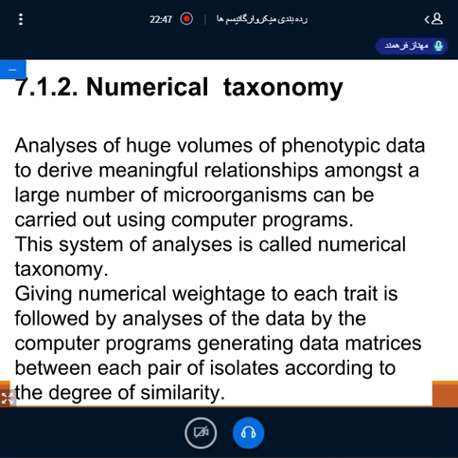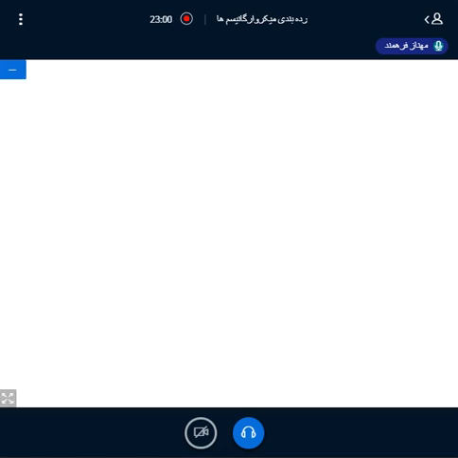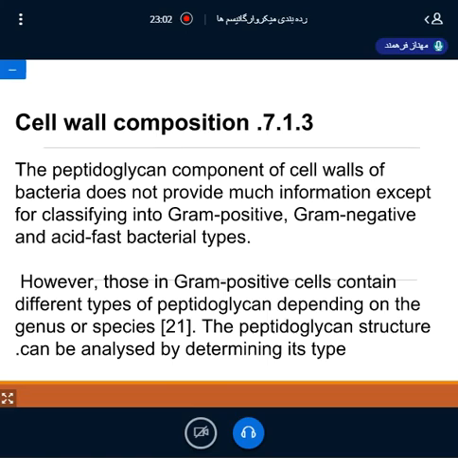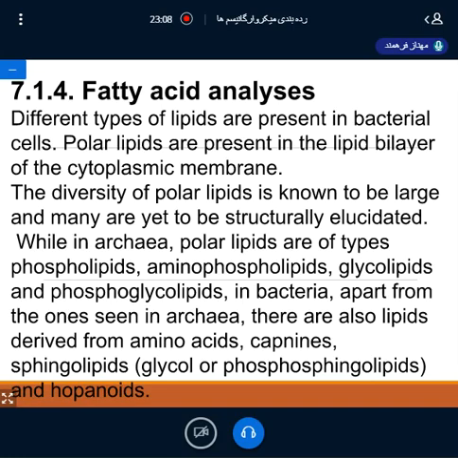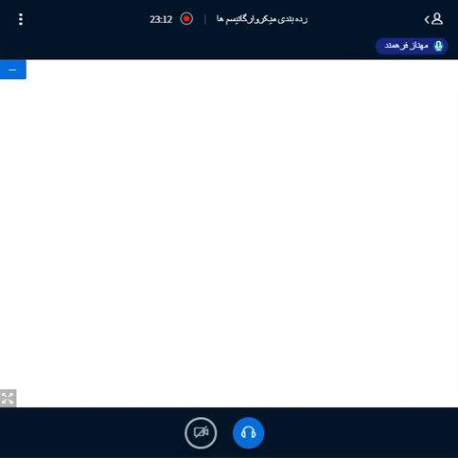To review the topics for the last section that you have read: numerical taxonomy, cellular composition, and fatty acid analysis we teach.